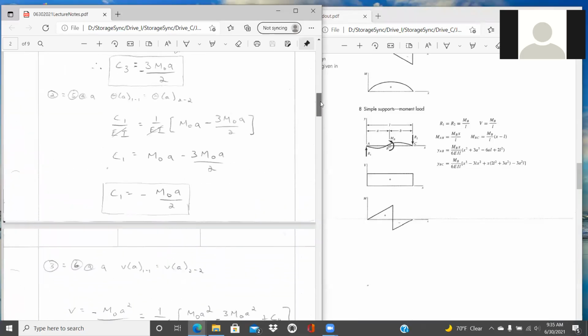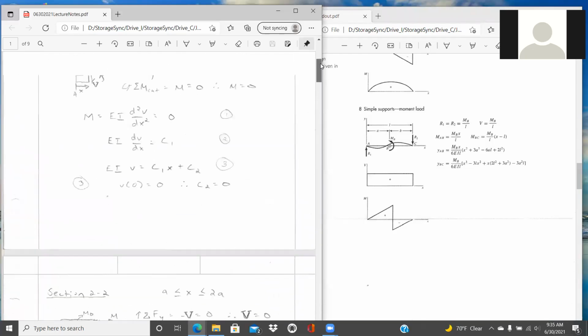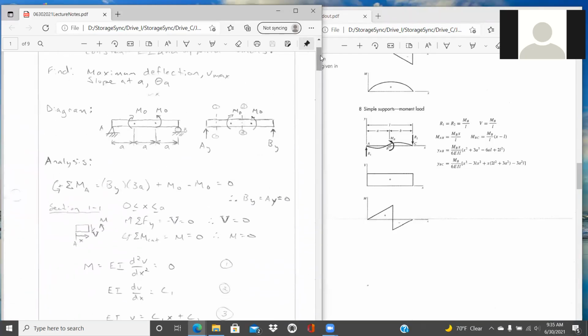Relating it back to our problem at hand, the main thing is that this is a counterclockwise moment being placed on the beam. That would correspond to our second moment over here on the right-hand side. And so with that, it would really correspond to this one.